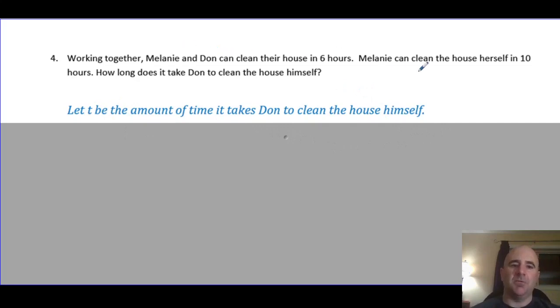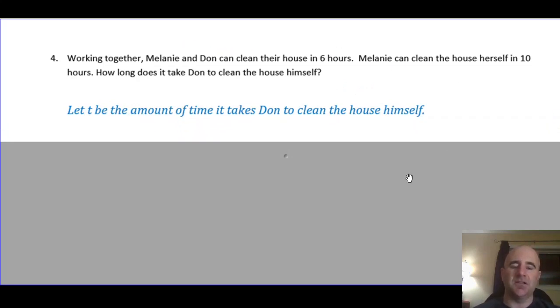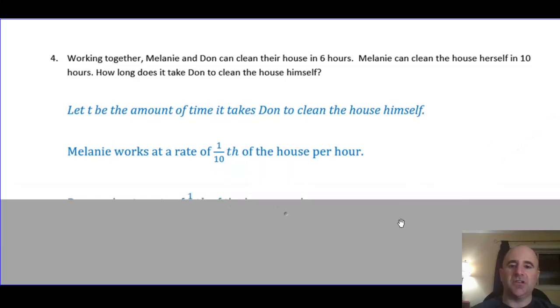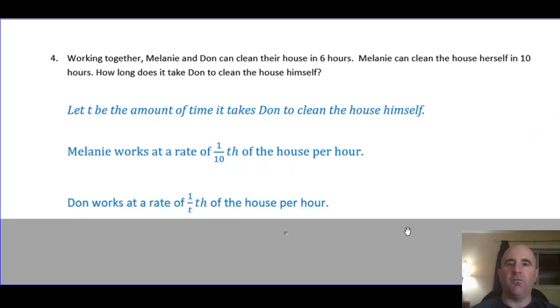Now let's think about Melanie, who cleans the house in 10 hours. Well, basically, the little trick to this one is to realize that that means that Melanie works at a rate of 1/10 of the house per hour. So she cleans 1/10 of the house every hour. Whereas Dawn works at a rate of 1/t of the house per hour.